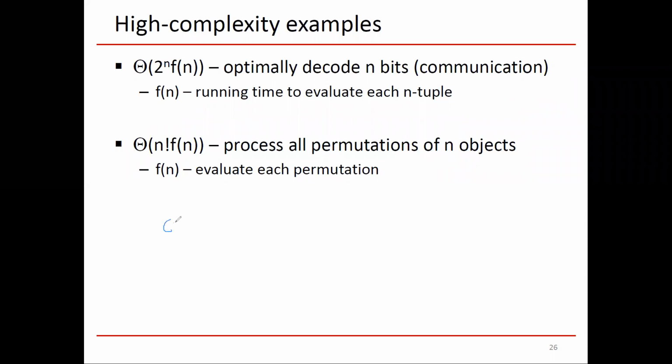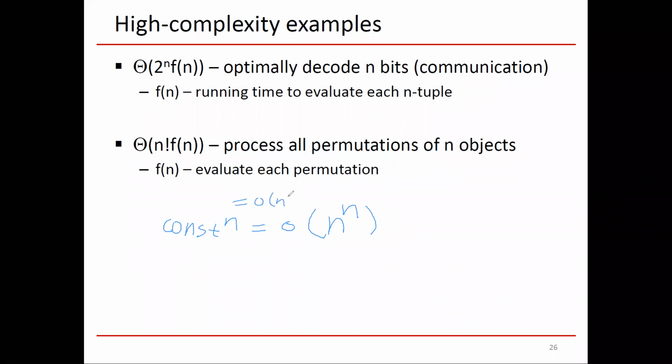So a constant to the power of n is little o of n factorial, which itself is little o of n to the power of n.